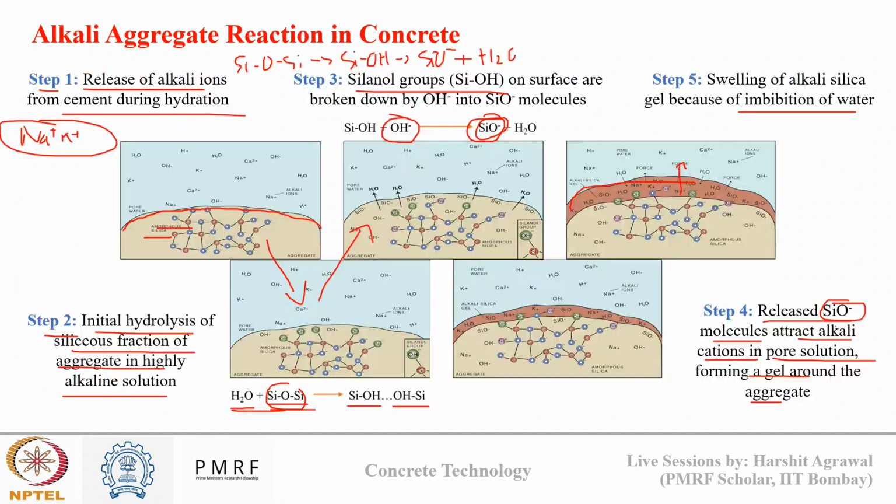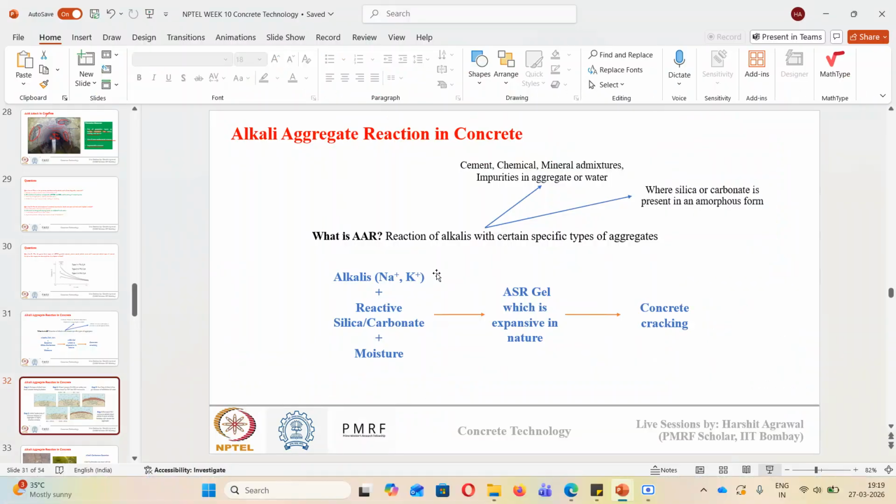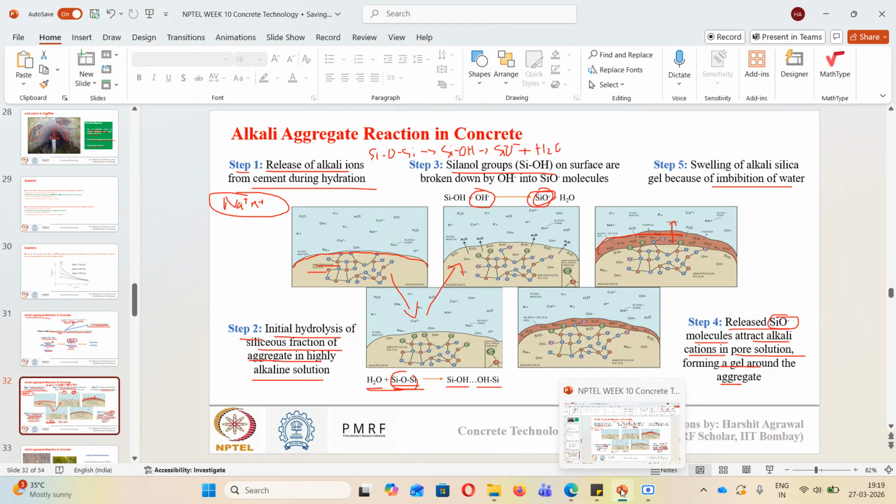Okay, I hope everyone is clear with this process, how alkali silica reaction is occurring. Any doubt in this? So we have alkali ions which are released during cement hydration. Now the amorphous silica in the aggregate first has its Si-O-Si bond break into Si-OH, and then it further hydrolyzes into SiO- negative molecules.